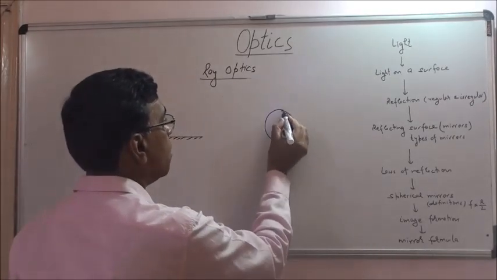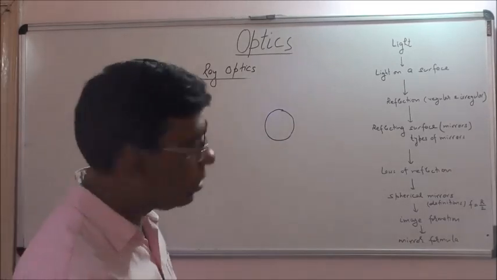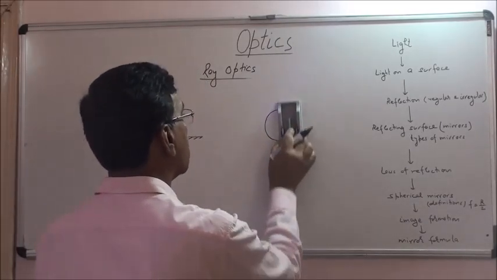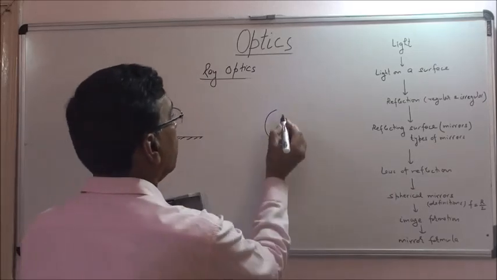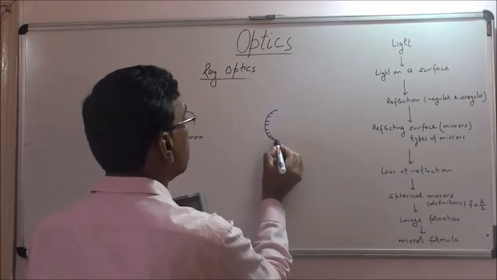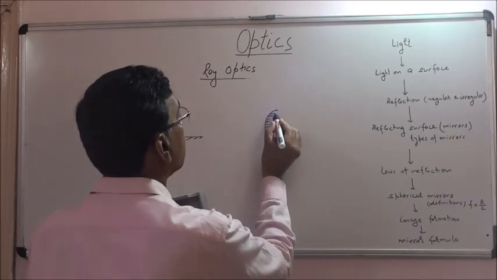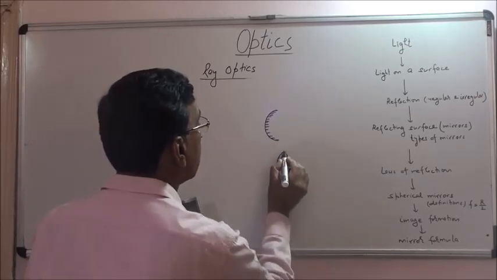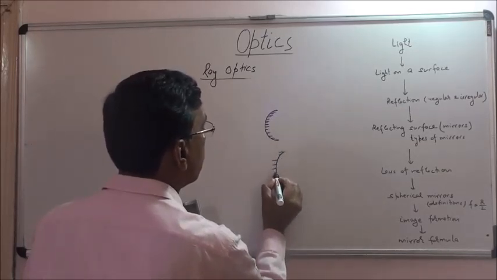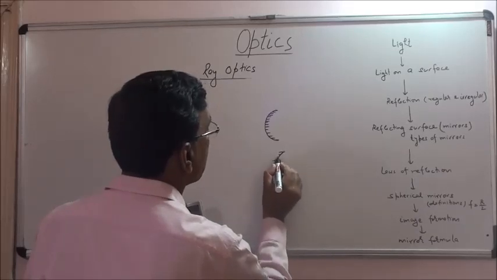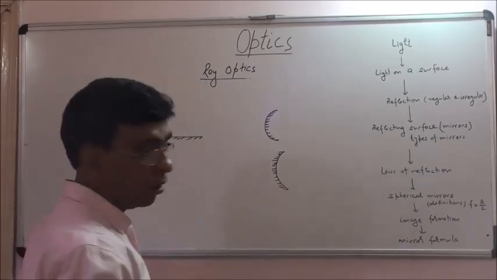So this is a sphere, and if I take only a part of it, say this much, then depending on which surface is used to reflect, we will call it concave or convex. Okay.